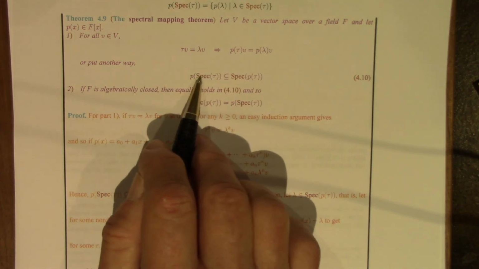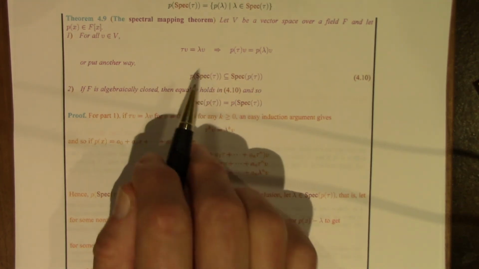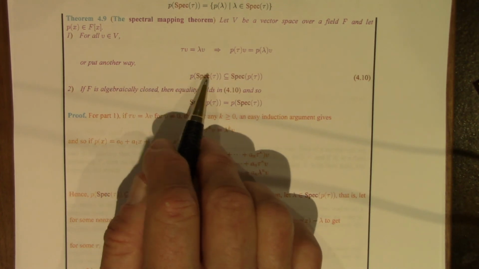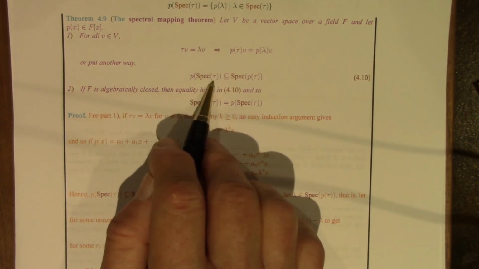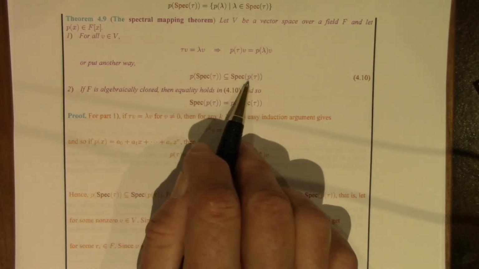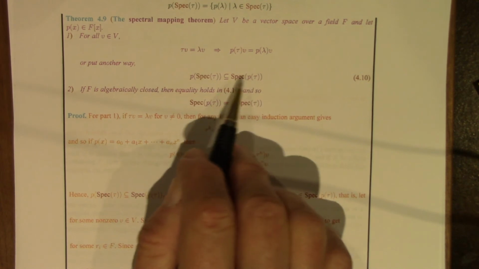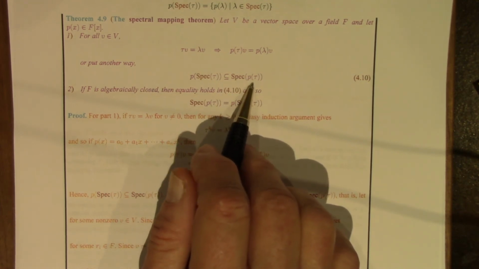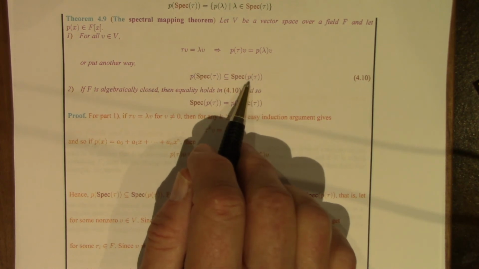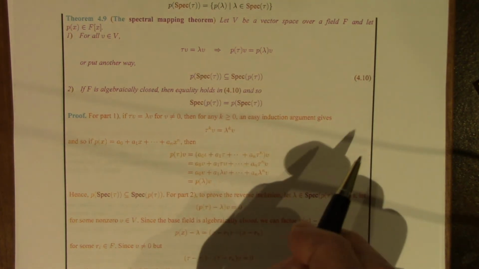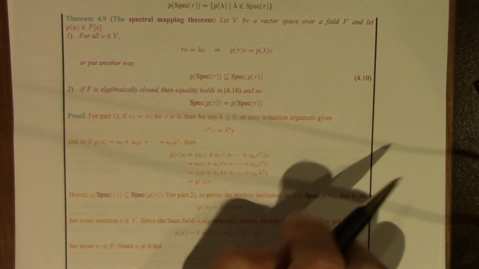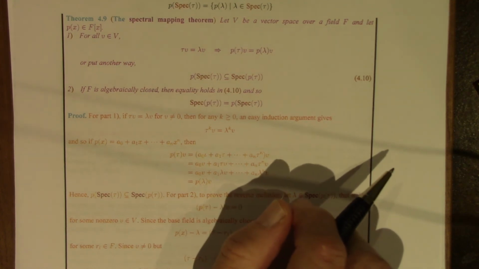So if I take the spectrum of tau and apply the polynomial P to every eigenvalue in the spectrum, I will get eigenvalues for P of tau. I may not get all the eigenvalues for P of tau, but I do get eigenvalues. Loosely speaking, applying a polynomial sends eigenvalues to eigenvalues.